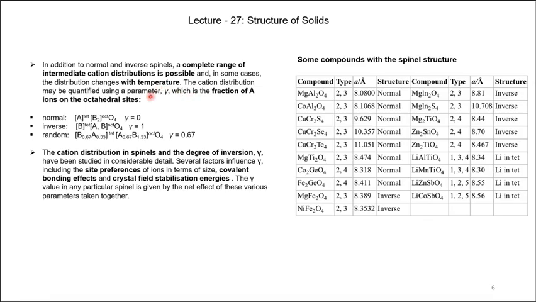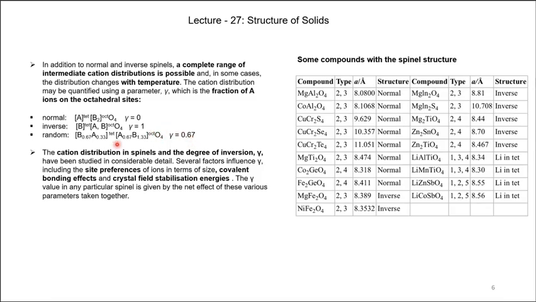So what parameter do we use for describing this range? The parameter is gamma. When the gamma value is 0, we call it a normal spinel. When the gamma value is 1, we call it inverse spinel. And then random spinel covers the complete range of gamma. In this example, gamma is 0.67.